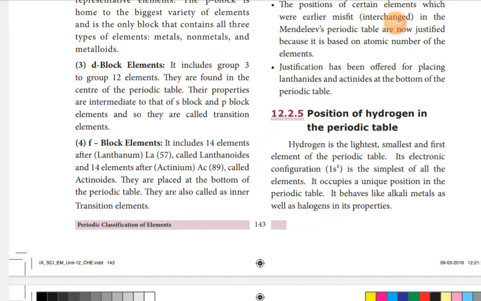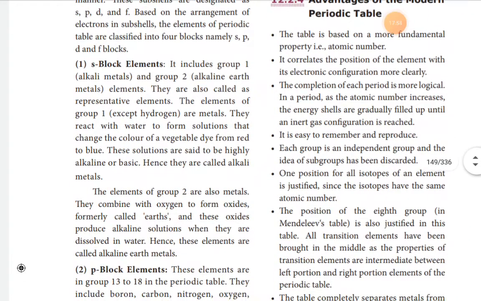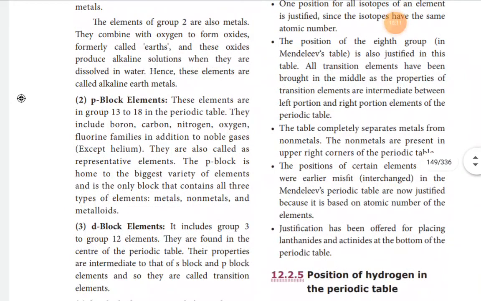So my dear students, so far we learned about the different classification of elements, the different blocks based on the subshell. There are 4 subshells: S, P, D, F, and based on that, elements are classified into the S block, groups 1 and 2, alkaline earth metals. Next, the P block is groups 13 to 18, having the biggest variety: metals, non-metals, metalloids and gases.